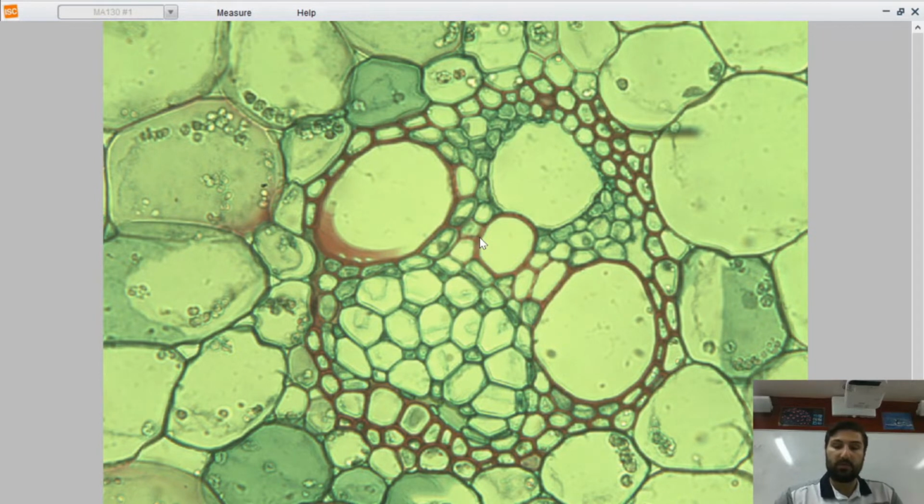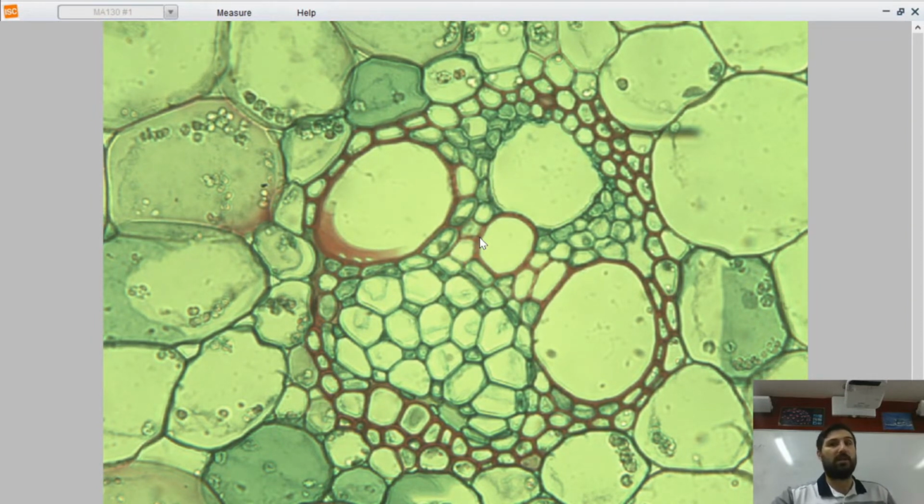Now, for us to look at the sieve cells, or the tubes, the actual porous ends that are allowing it to go from compartment to compartment and to different parts of the plant, and bidirectionally, as in it's not going just one direction like in xylem, we need to look at it in longitudinal section. At the moment we're looking at something in transverse or cross section.